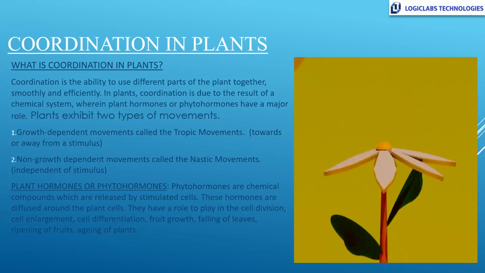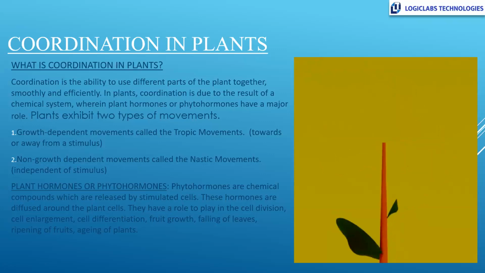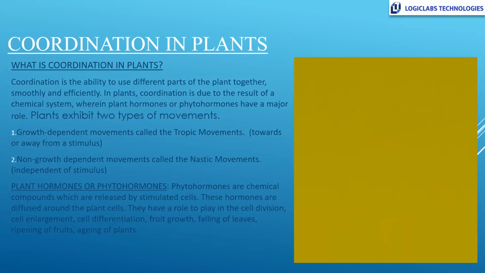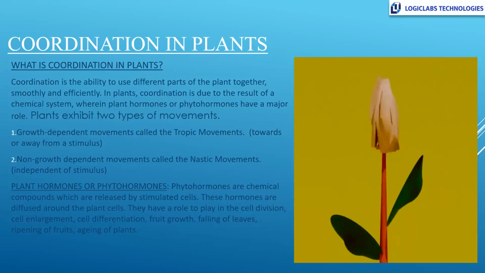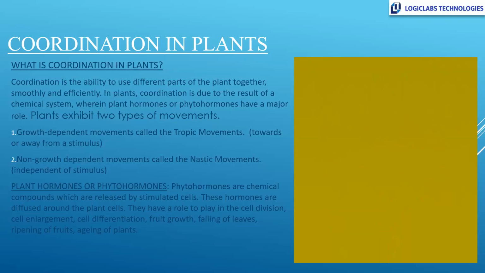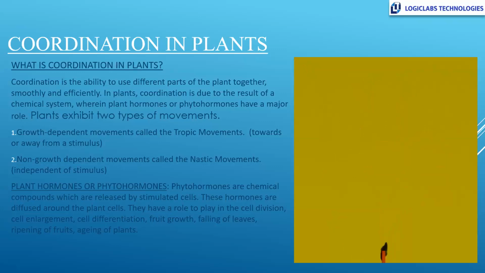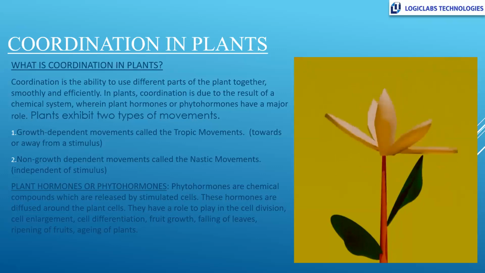Especially we have two different types of movements. In the one movement, there is no growth involved. So as I already said, there are two movements. We can see the directional movement of a seedling is caused by the growth.